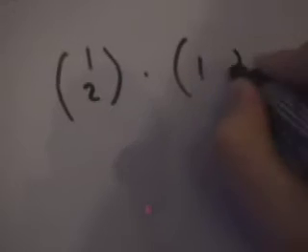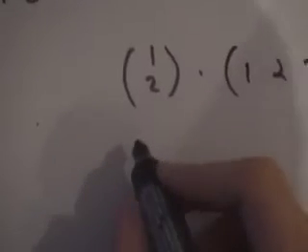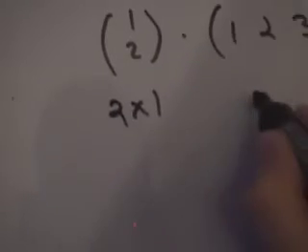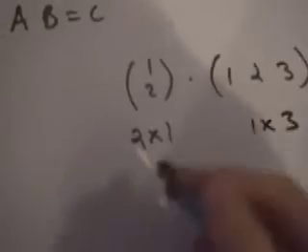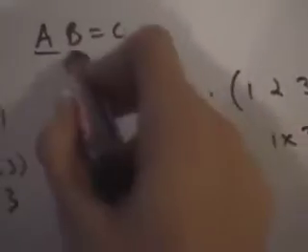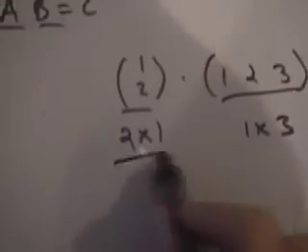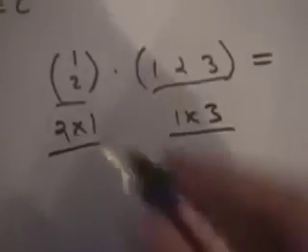Awesome. Now, let's look at this more closely. 1 and 2 times 1, 2, 3 is equal to C. The first thing, as I've just said, is: is it possible? You need to write A and B, then write their corresponding orders.